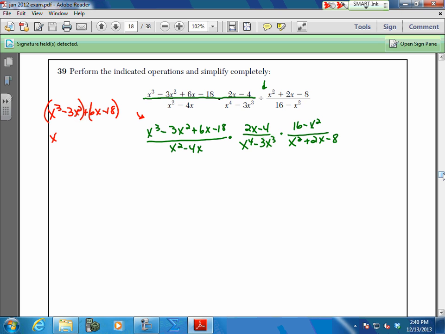We're going to factor out an x squared. We're going to get x minus 3. We want this to be x minus 3. Notice we're going to factor out a 6. So we get x squared plus 6 times x minus 3. Let's put that right here.